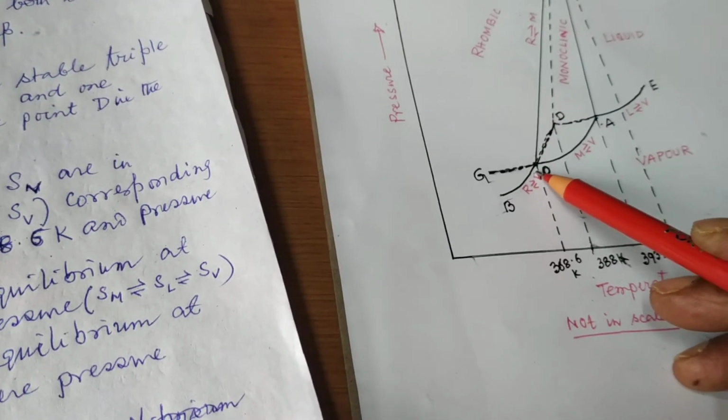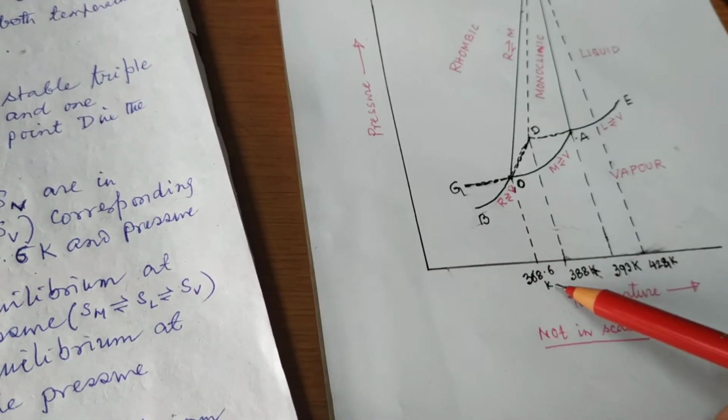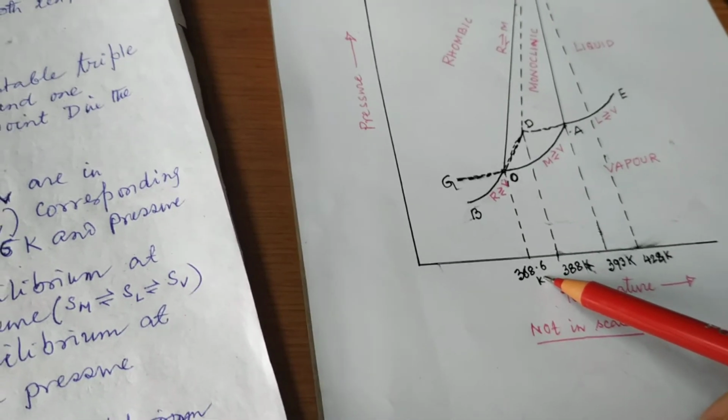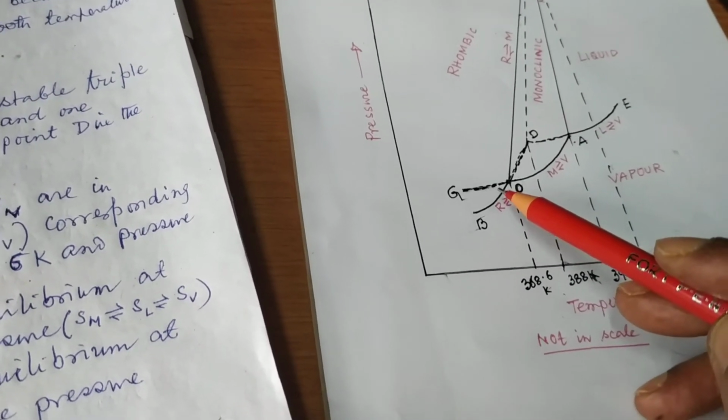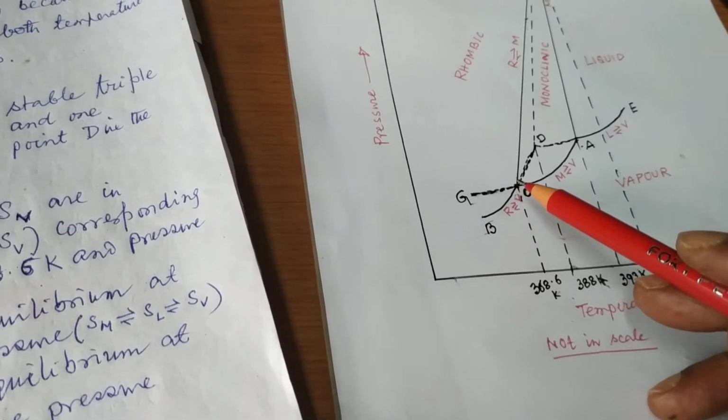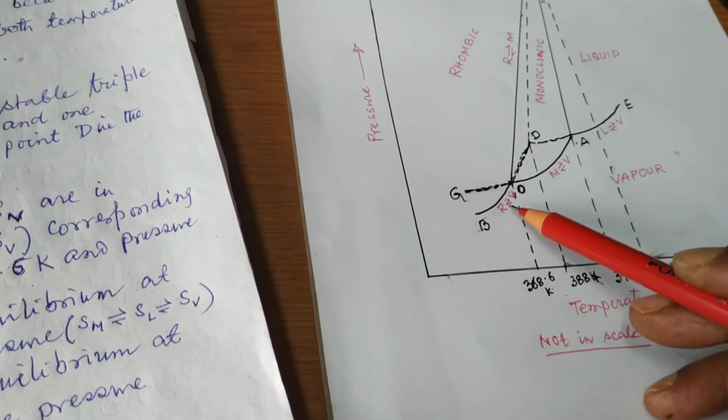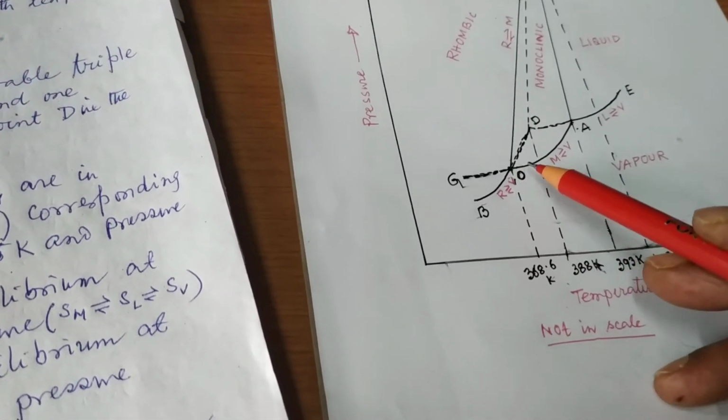The temperature is 368.6 Kelvin and the pressure 0.0006 millimeter of mercury. So this is one triple point where three phases are in equilibrium.